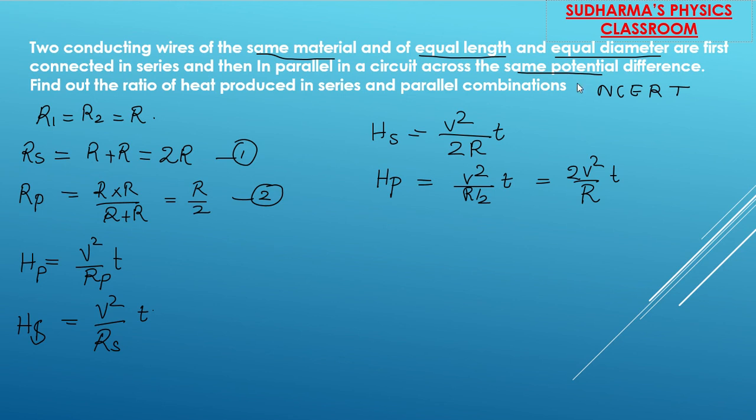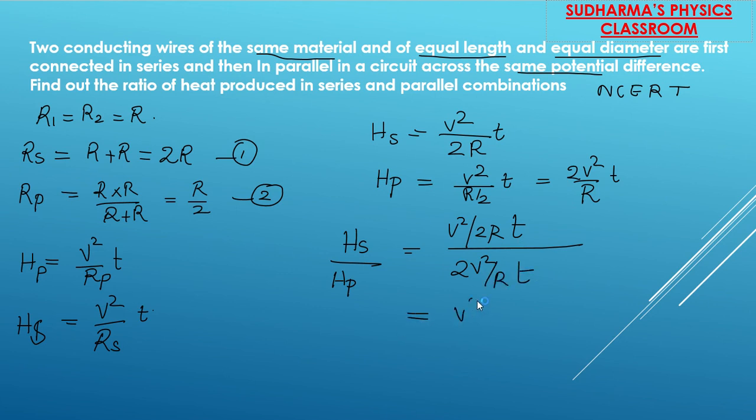Now what is the question? Let's go back to that once again. Find out the ratio of heat produced in series and parallel combinations. So that means H series by HP. H series is V square divided by 2R into T, whole divided by 2V square by R into T. So T and T cancel, right?